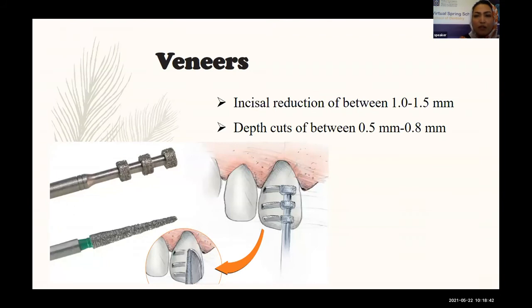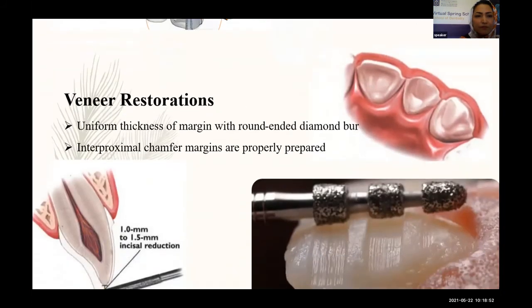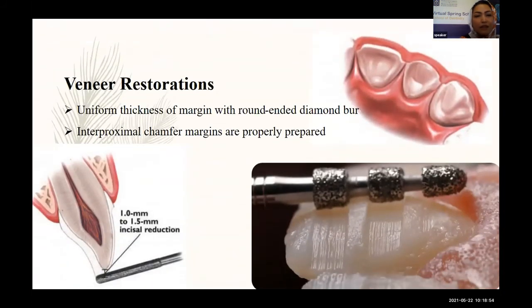And about the veneer, the reduction should be uniform, and smooth depth cuts are considered according to the discolorations of the tooth. Interproximal chamfer margins are properly prepared, and they should be distinct enough.